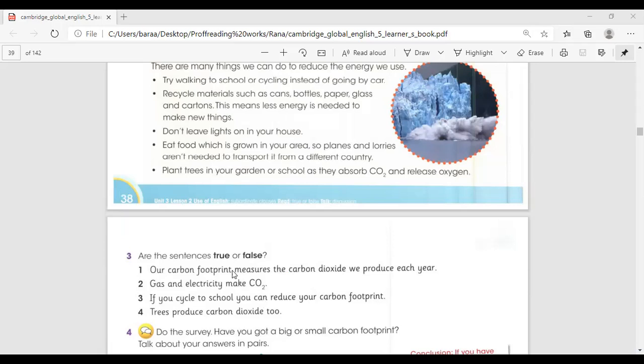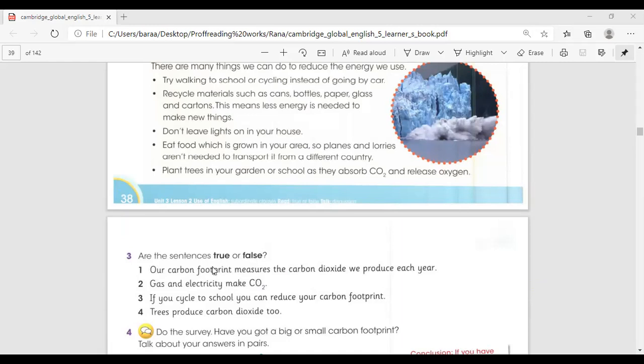So here we have some questions related to the text here. After scanning the text, as I said for you, scanning the text in order to get answers quickly. So the first question is: our carbon footprint measures the carbon dioxide we produce each year. Is it true or false?